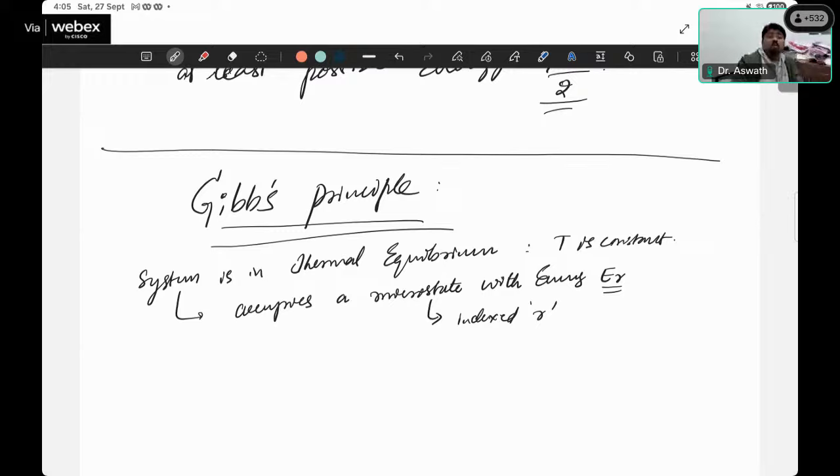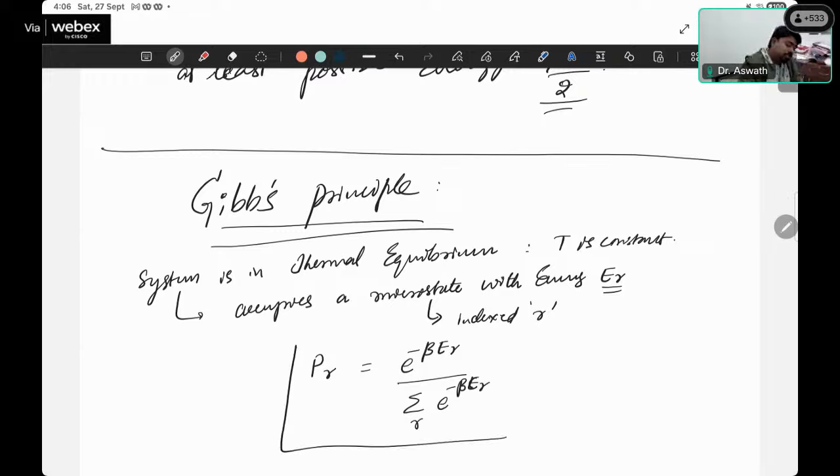Now what the Gibbs principle says is, if the system is in such a situation, I'll be giving a probability that the system could exist in a particular state with energy ER. What is the probability? Exponential of minus beta ER divided by, if it is a discrete system like quantum mechanical, a summation in place of integration.